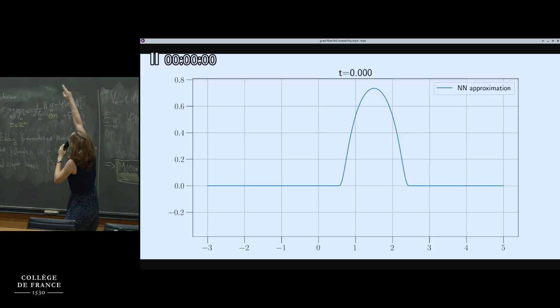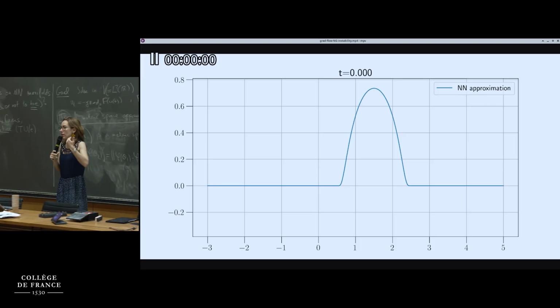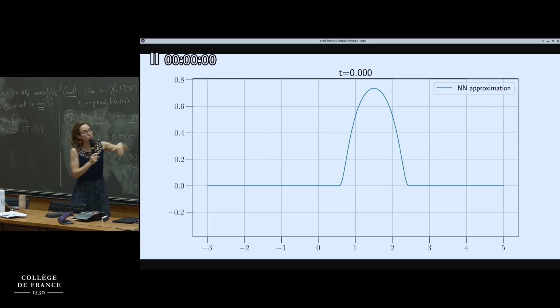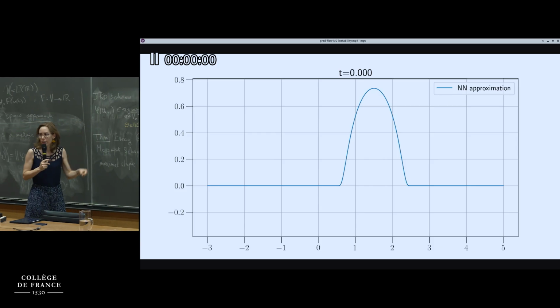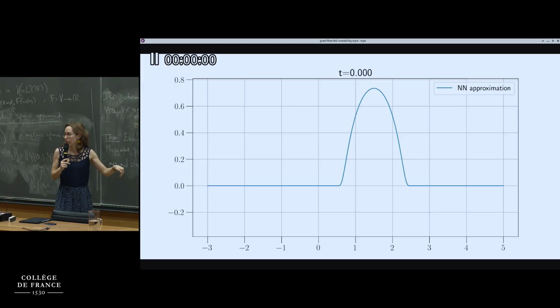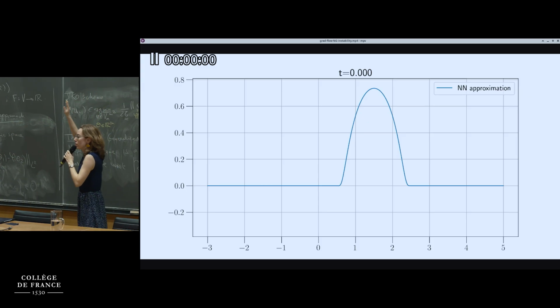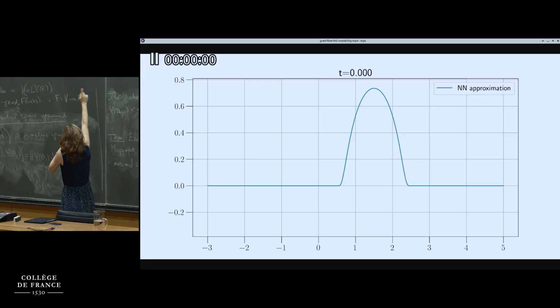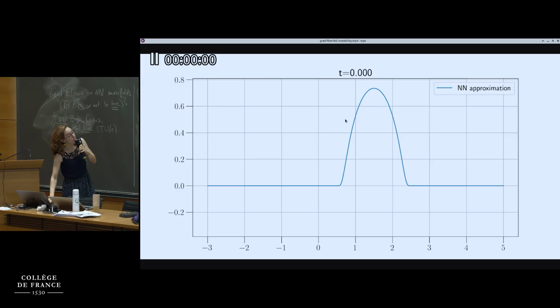What you're going to see is that the bump is going to go down. And we know from the properties of being a gradient flow that when the solution reaches 0, it has to continue with the bump in the same location down to the negatives. But what you're going to see is that the scheme is going to produce a bump going to the negatives, but the location of the bump is going to jump. And this is incorrect. It violates the fact of being a gradient flow.